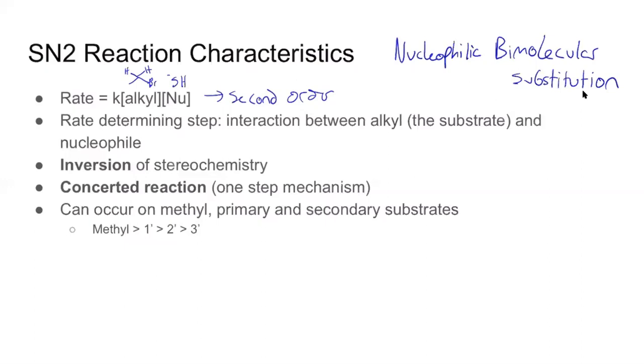Now, in SN2 reactions, it's also important to note that we're going to have what's called inversion of stereochemistry. I know we talked about backside attacks last week, and you might remember that they also have inversion of stereochemistry on the attacked carbon. And what that just means is if I have a starting molecule that looks like this, draw my bromine, I'll put hydrogen back here.